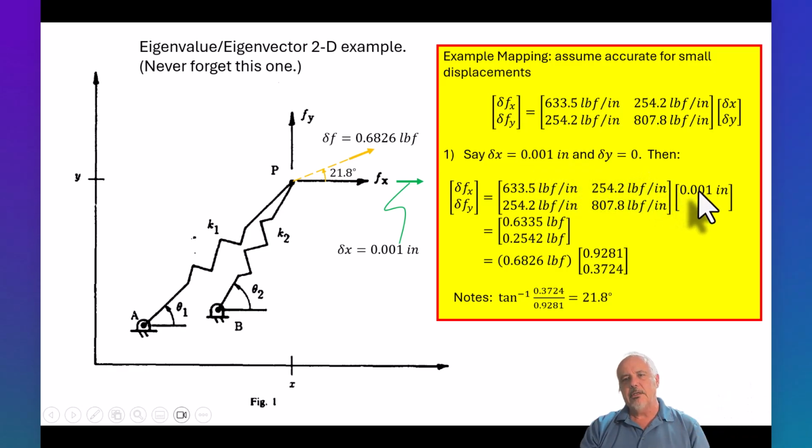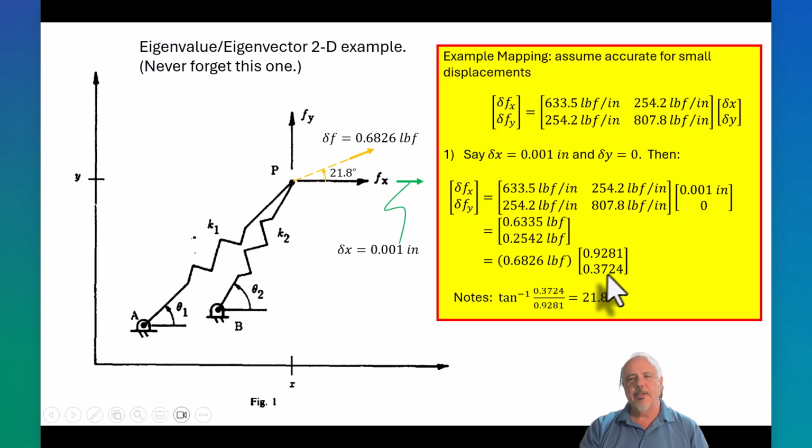I take the delta X and the delta Y and multiply them into the stiffness matrix. Really, I'm only going to pull a scaled version of that first column. That's what I get, and then I get the magnitude of that resulting change in force, and I show it there. Then I think about the direction of that change in force.